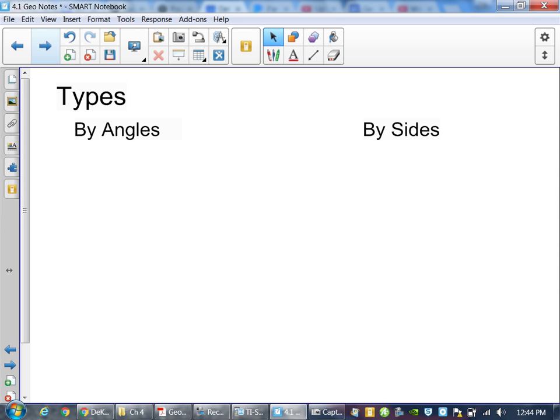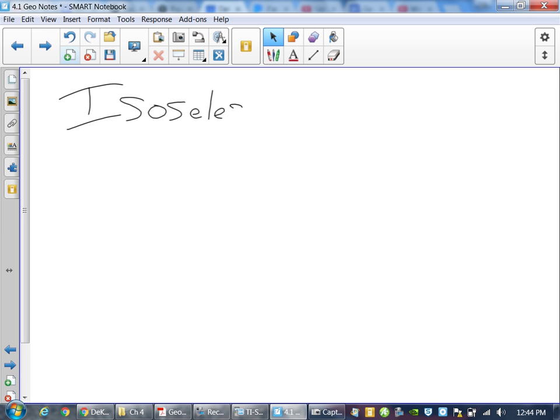One side is different than the other, so what you're saying is two of them are the same? So let's do this. An isosceles triangle is a triangle that has exactly one set of congruent sides.